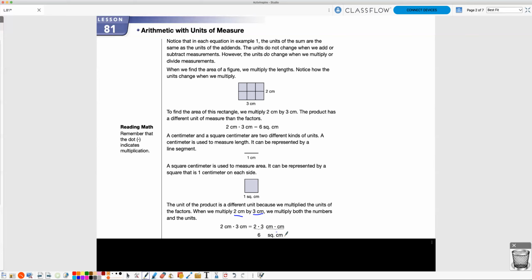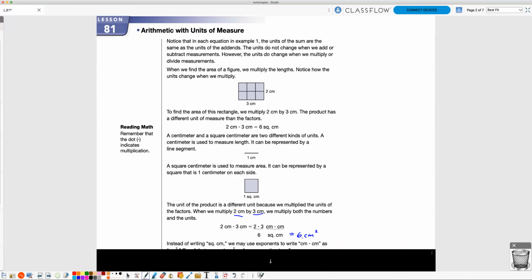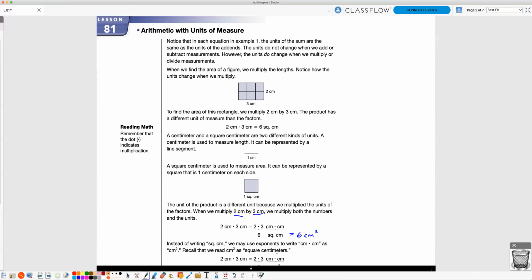It could also be represented like this if you're just handwriting it, or you could use that superscript there. Instead of writing square centimeters, we may use exponents to write centimeters times centimeters, as in centimeters squared. Recall that we read centimeters squared as square centimeters, or vice versa. So you still end up with the same answer there.